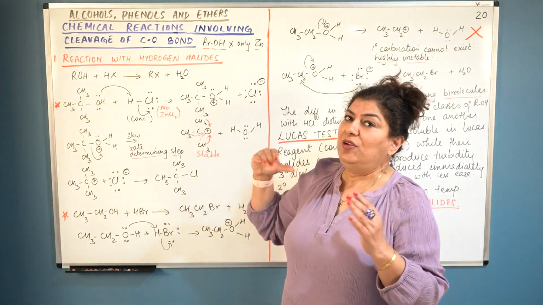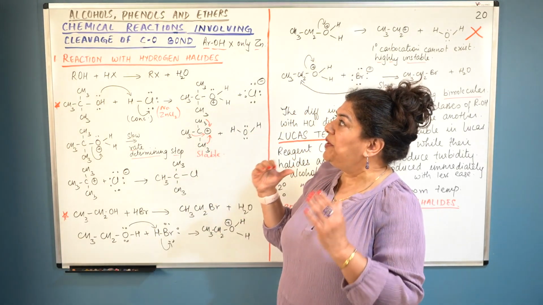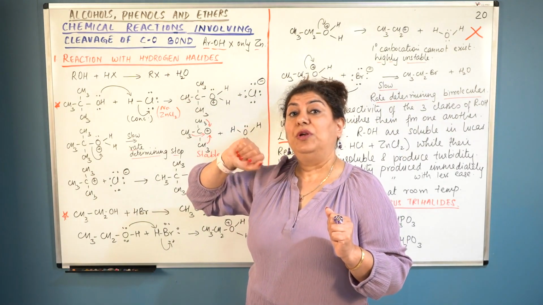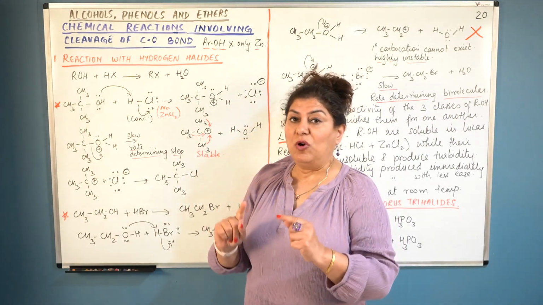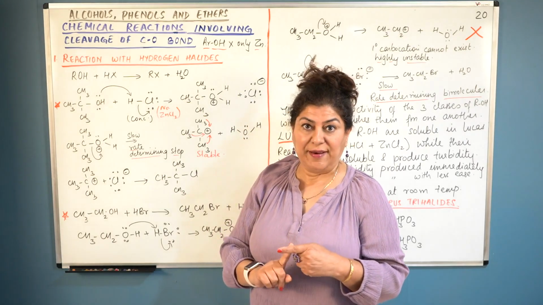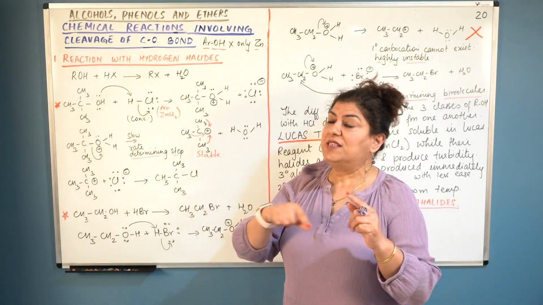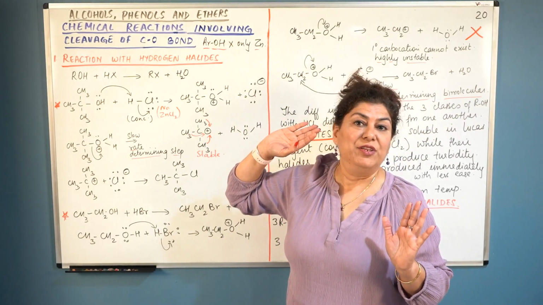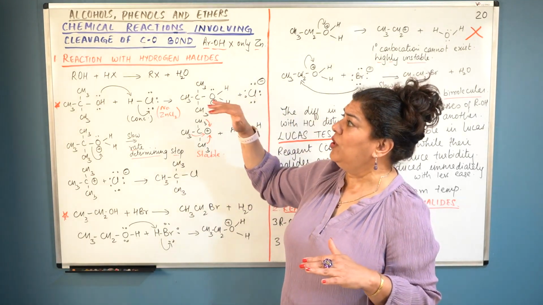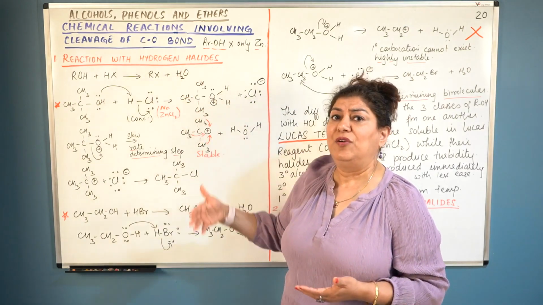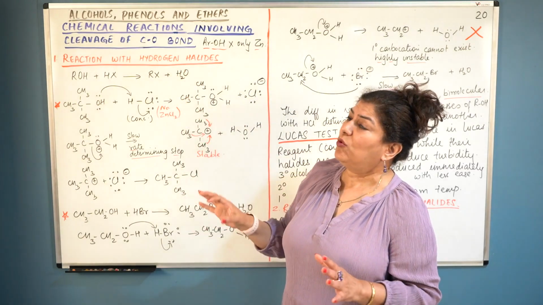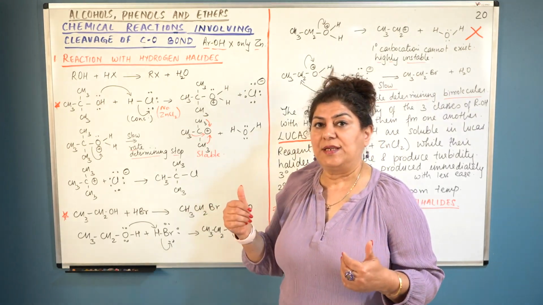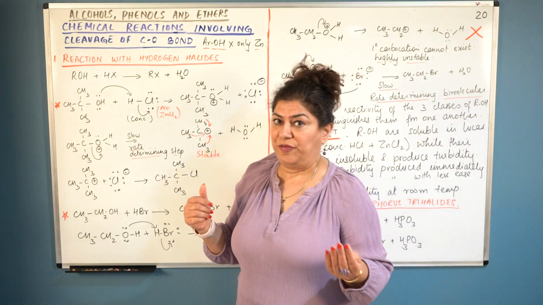So this kind of reaction, which involves the breaking of the carbon and oxygen bond, is not shown by phenols because of their sp2 hybridized character and resonance. In other words, this category of reactions that we are going to study are only reactions of alcohols. And under this category, we'll be studying 4 different types of reactions.